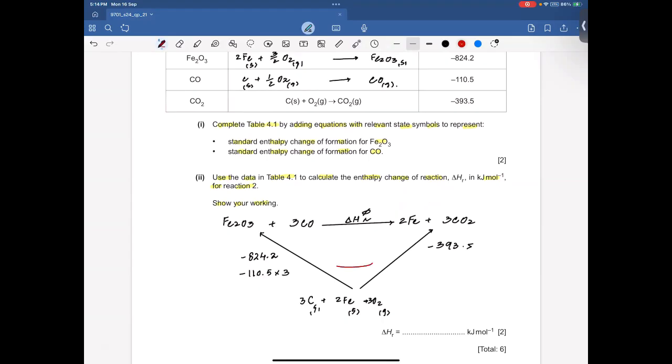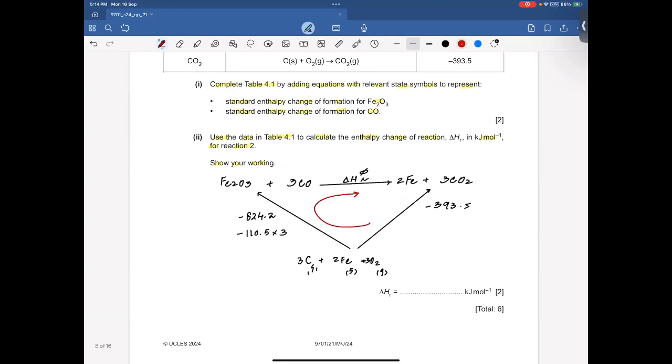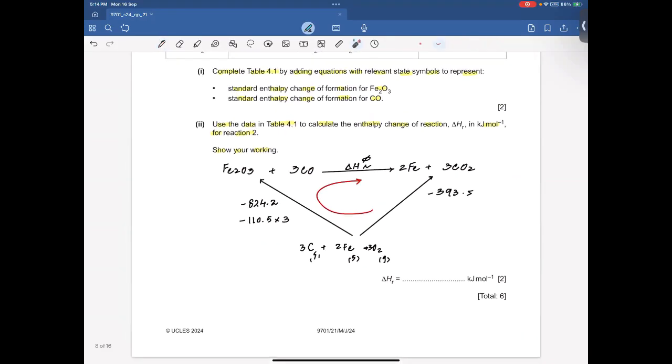Now, in order to calculate delta H R, I need to make an arrow in the clockwise direction. These three values are in the clockwise direction, which is why I'll take the positive values. This one is not in the clockwise direction, so I'll take the negative value and I will equate all the values with 0.